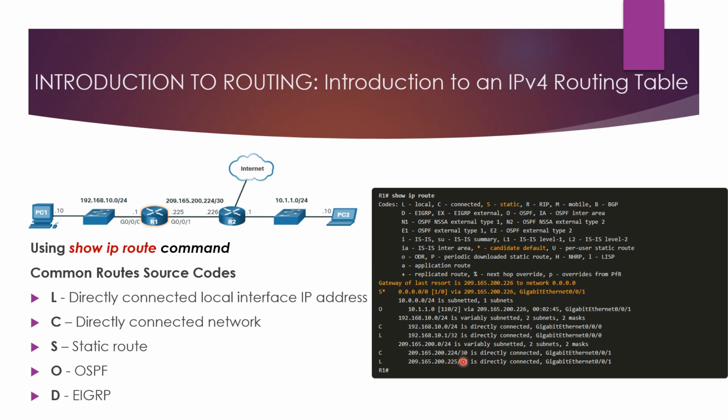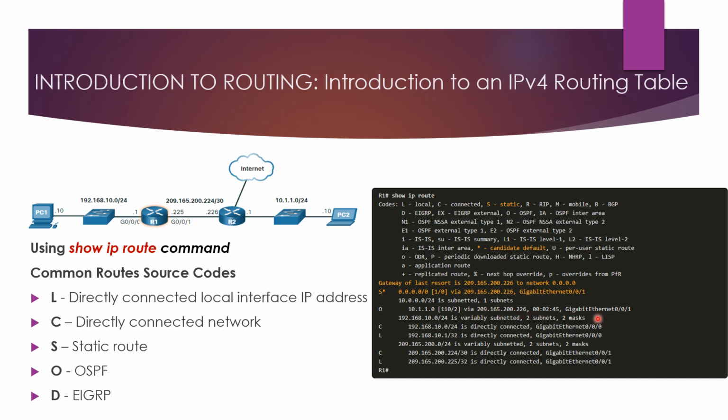209.165.200.224/30. Router 1 and router 2 are also using the Open Shortest Path First dynamic routing protocol to exchange route information. In the example routing table, router 1 has a route entry for the network 10.1.1.0 that is learned dynamically from router 2 via the Open Shortest Path First protocol, and it is listed here.